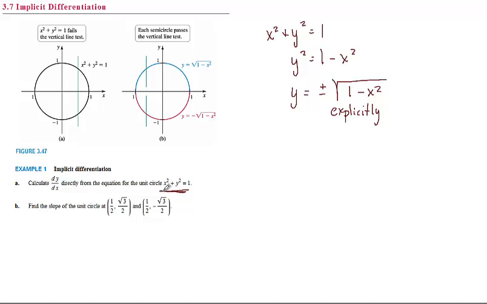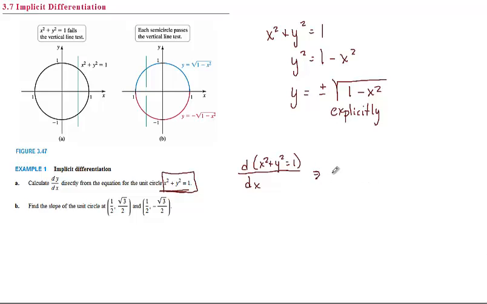I am going to take the derivative of this thing right here. I'm going to take the derivative of x squared with respect to x, and I'm going to be taking the derivative of this entire thing with respect to x. So of x squared plus y squared equals 1. So here we go.